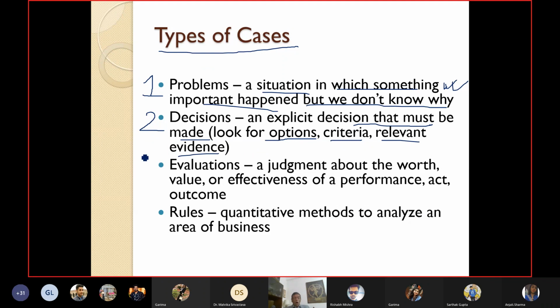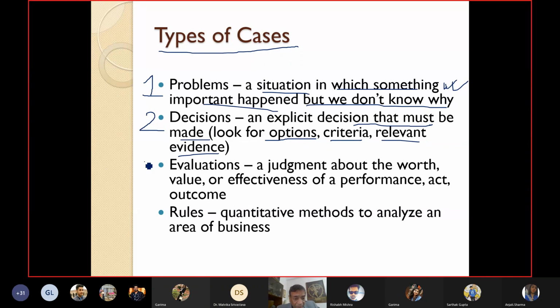What are the options the firm has to move from where it is today to what it intends to achieve in the long run? It's a decision making tool. So a problem is the actual situation and why it happened, though you don't know why. We can go into details of that. And decisions is what the organization did and what decisions it really needs to take in terms of options and alternatives.